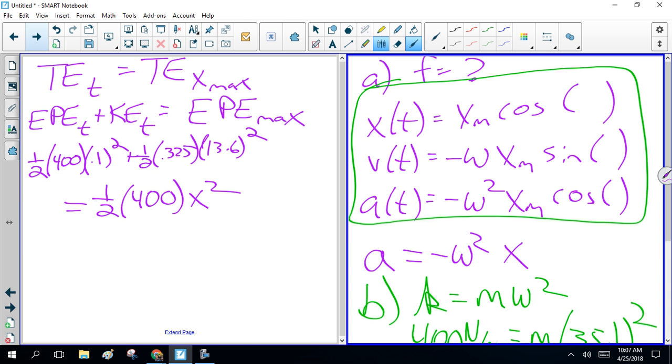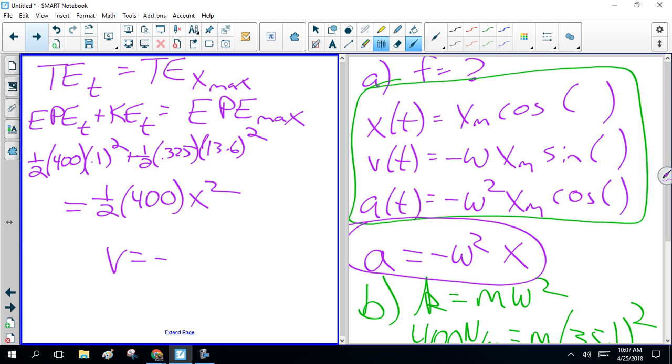Or not even 0, but if you have it at the same time, it's just going to be x of that time, right? True. Or no, it wouldn't. So this is true for any time t. This is true for any time t. This is only true at the max. Okay. So you've got to be careful of that, because the velocity depends on sine, whereas the position depends on cosine.